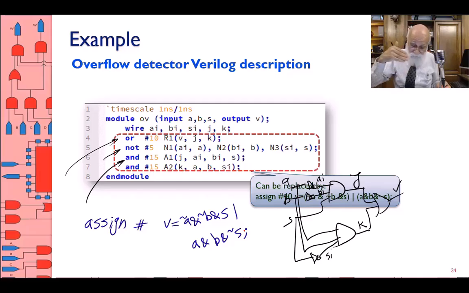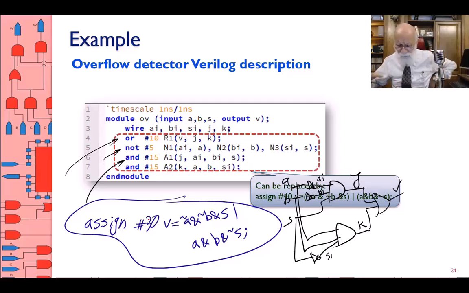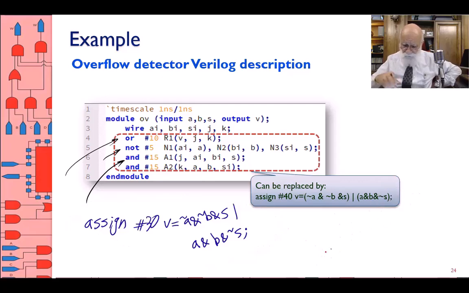At the higher level we have shown so far is assign. This is the fastest, only one expression is being evaluated, but then you are lumping all the delays together. For example, 30 or 40 nanosecond delay you're using over here. And when you go from one level to the upper level, what you got to do is to come up with the worst case delay.